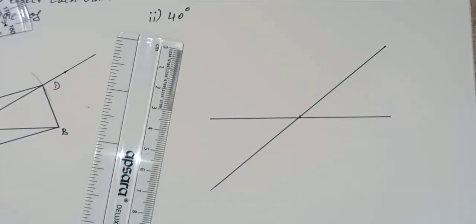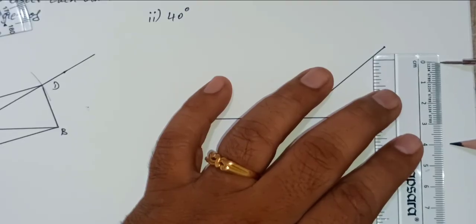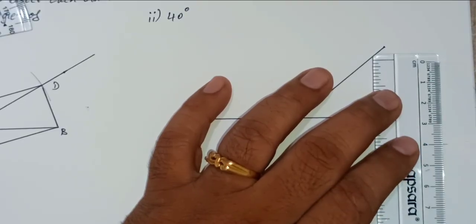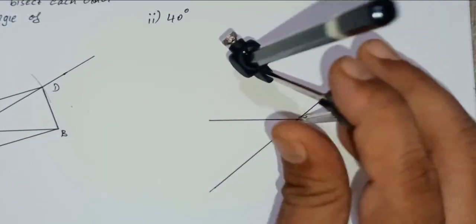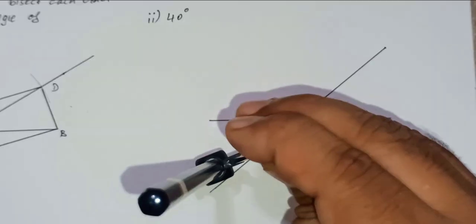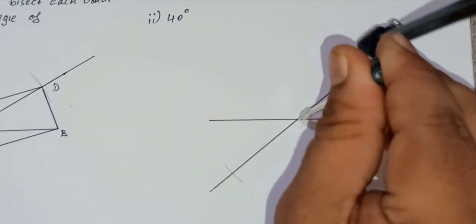Then again measure 4 centimeter with the help of ruler and compass, right? Then keep it on the point here. We'll name it, oh, we have not mentioned, we'll mention now, and cut an arc.